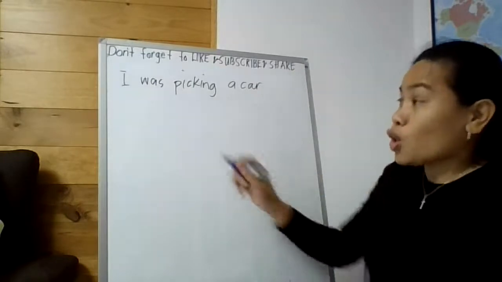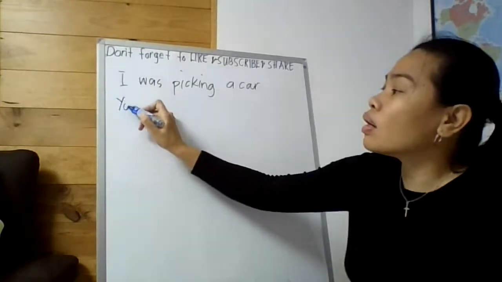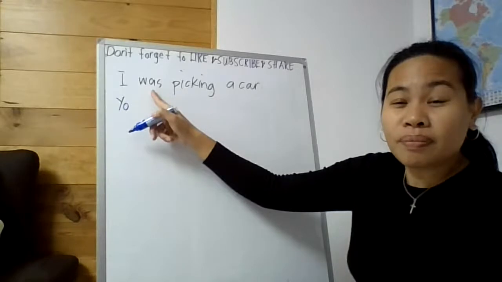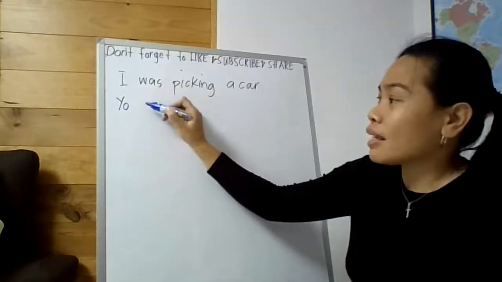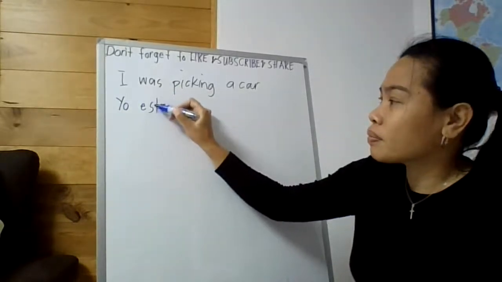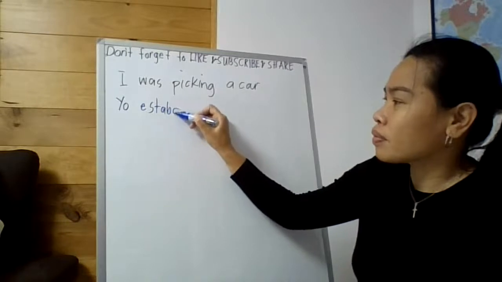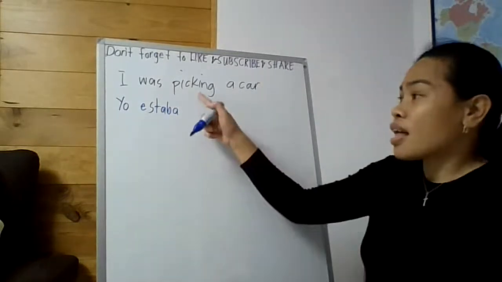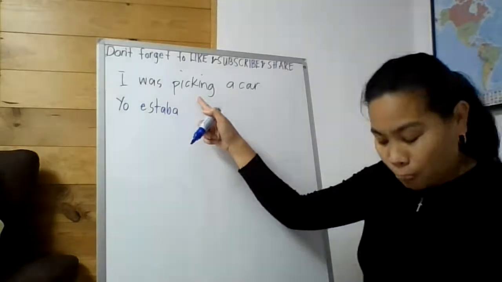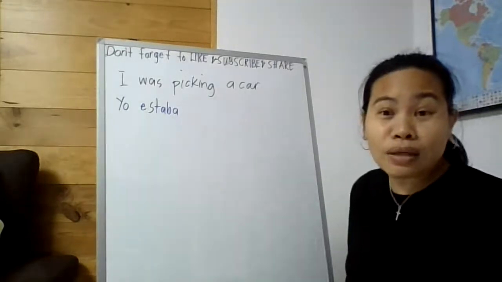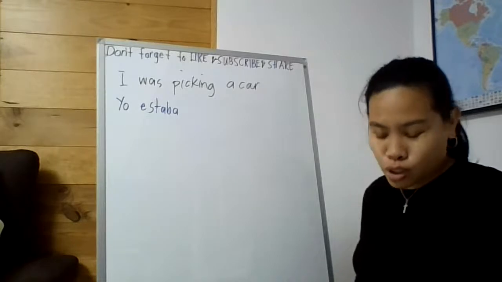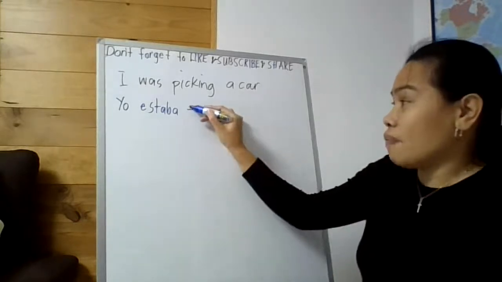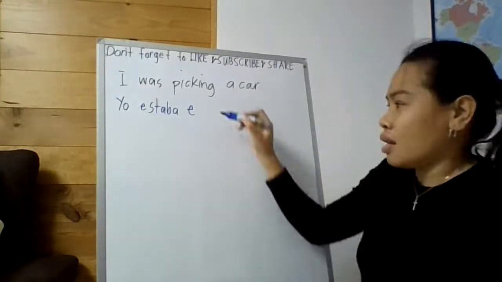So, yo and the verb be. What's the verb be? Estaba. What is the Spanish of picking? Sa Tagalog, namimili ako ng kotse. So, el verbo elegir.